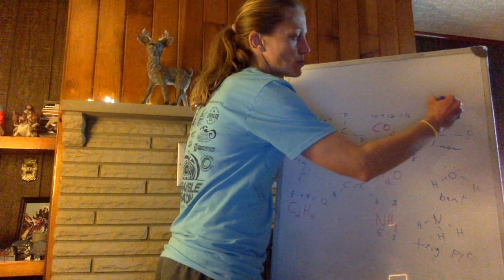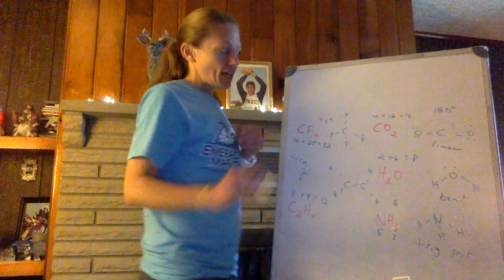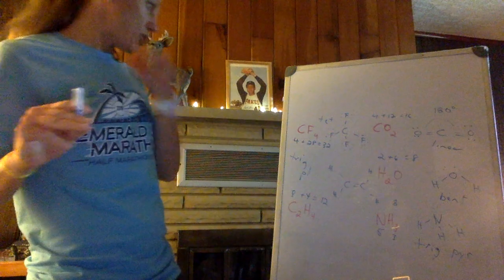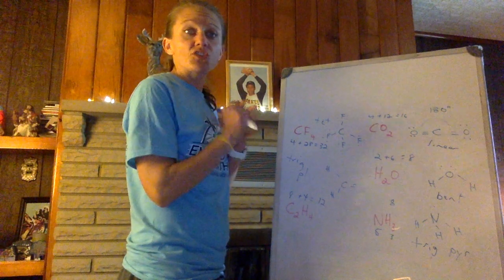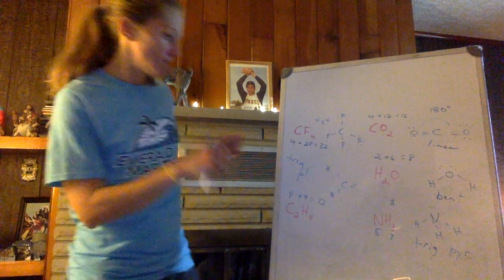Linear's bond angles are 180 degrees. That was nice. We have a trigonal planar here. Just look at one side of it. What you've got is 3 shared domains, no unshared domains, and bond angles of 120 degrees.